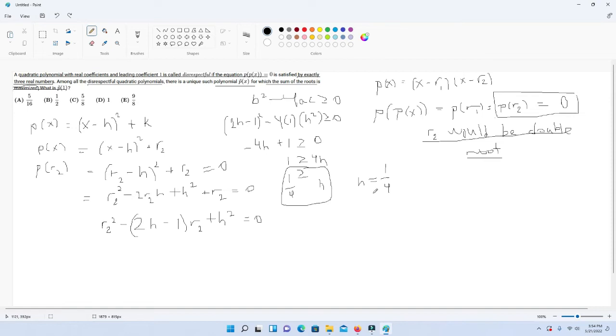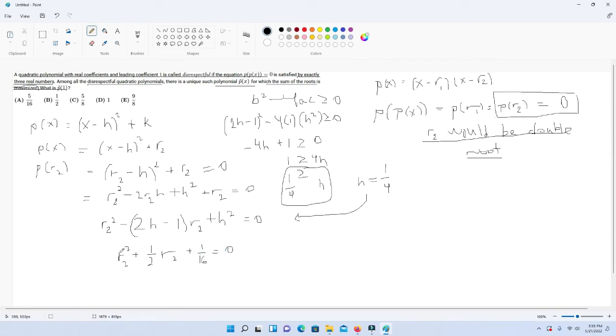Now since we got h, we can get the value for k, which we already said is the same as r2, by substituting h equals 1/4 into this equation. So we get r2 squared plus 1/2 r2 plus 1/4 squared, so 1/16, is equal to 0.